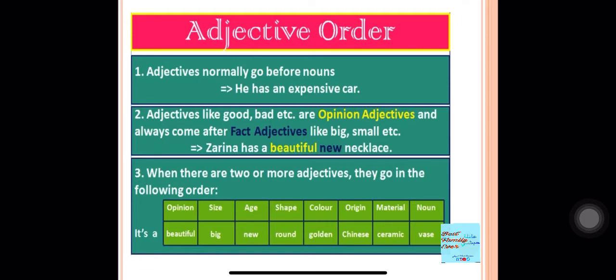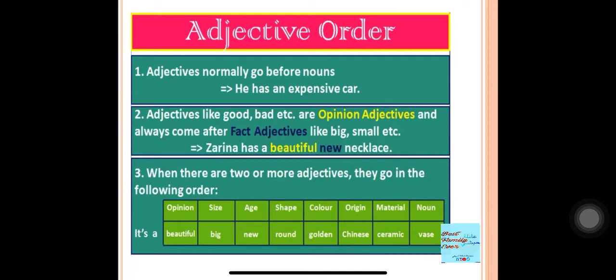So, girls, again, if you are going to describe something and you have two or more adjectives that you want to use to describe this thing, you have to put them in the adjective order. So girls, you have to memorize this table.